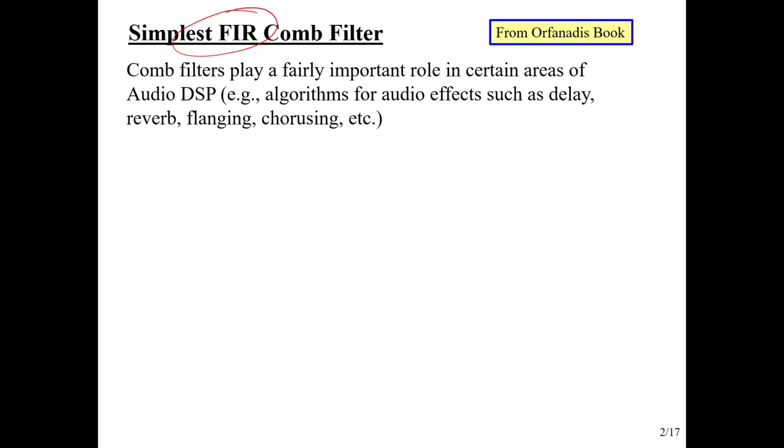In particular, later on, we'll see that audio effects like delay or echo and reverb and flanging and chorusing, these all use the structure that is known as a comb filter. They use them in different ways. So a very important building block.